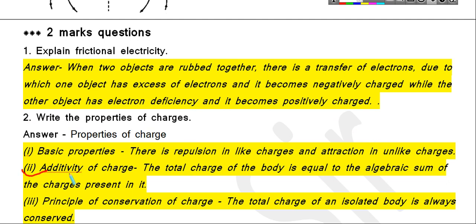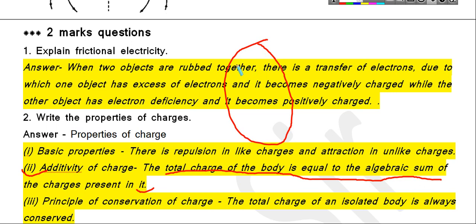Next property, additivity of charge. The total charge of a body is equal to the algebraic sum of the charges present in it. It means if a body has charges at different locations, consider this point has +2 charge, this point has +3 charge and this point has -4 charge, then the net charge on the body will be Q = +2 +3 -4, and you can solve.